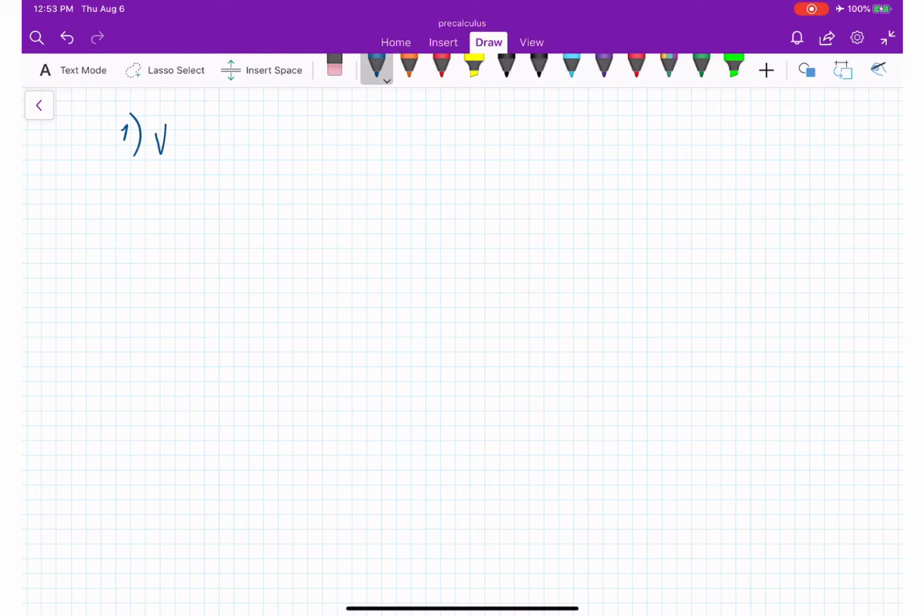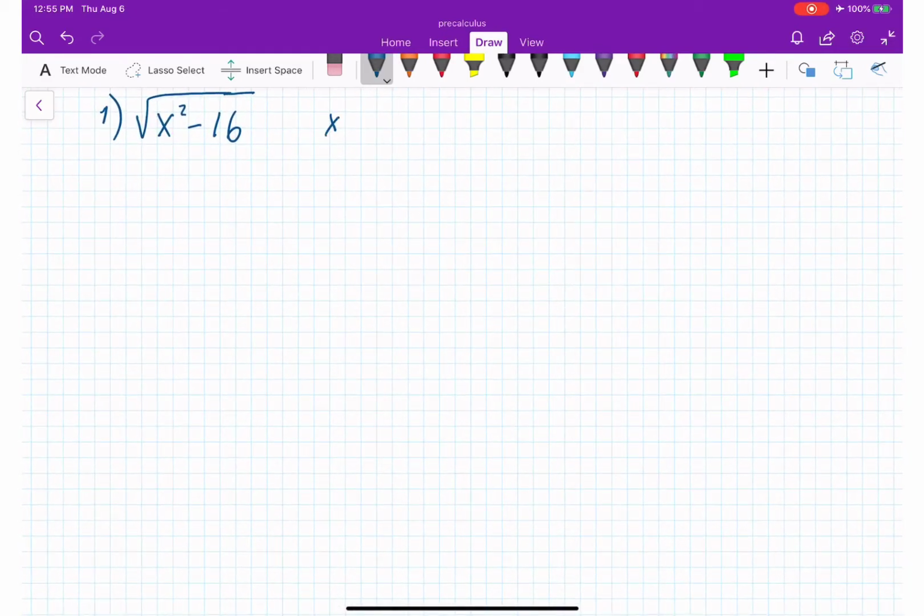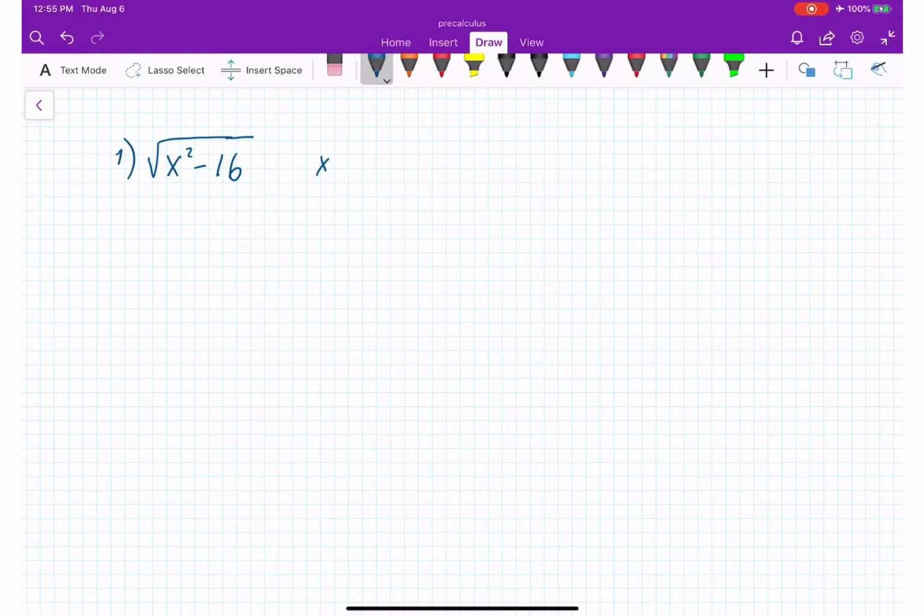If you have the square root of x squared minus 16, and x is equal to 4 secant theta, let's plug it in. 4 secant theta squared minus 16.